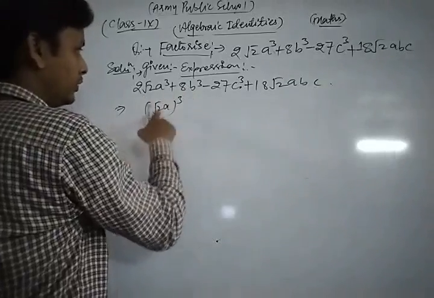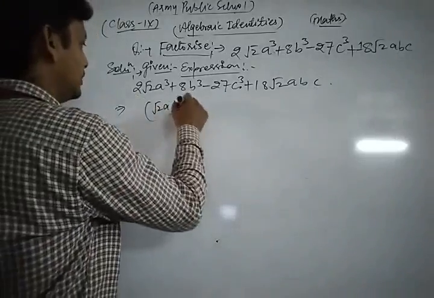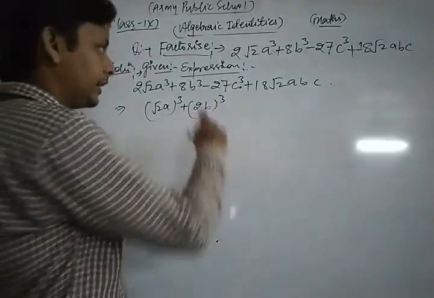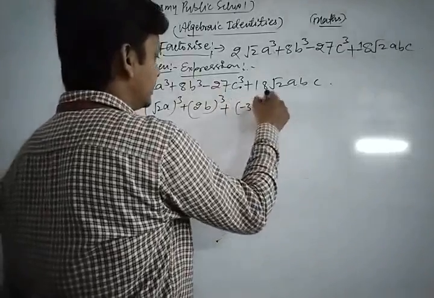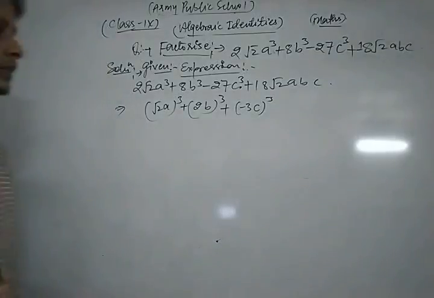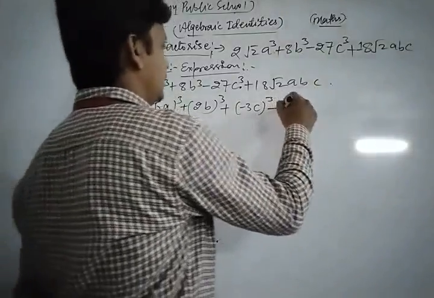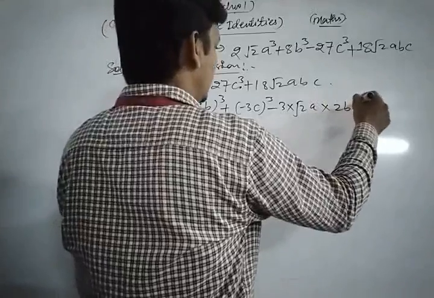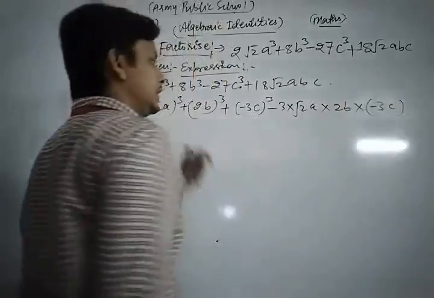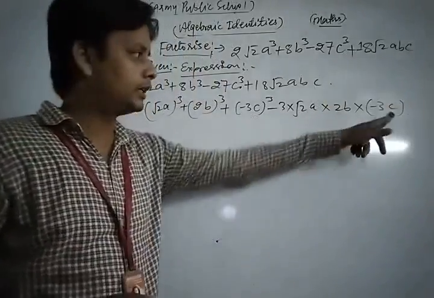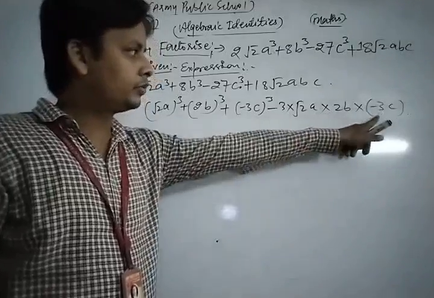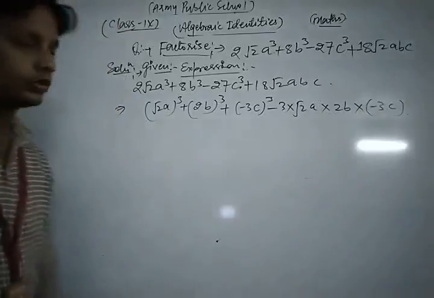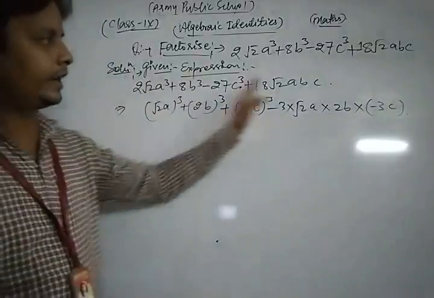If we expand it, we get 2√2 a³, plus this is 2b³, that is (2b)³, and this is minus 27, so we can write plus (−3c)³. That is a³ + b³ + c³ − 3 into a, meaning √2 a, b meaning 2b, into c meaning −3c. So look, dear students, if we multiply them, we get minus minus plus, 3 × 2 is 6, 6 × 3 is 18√2 abc. So first of all we arrange the given expression.